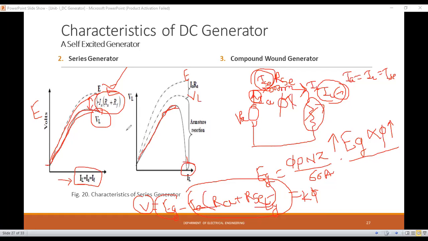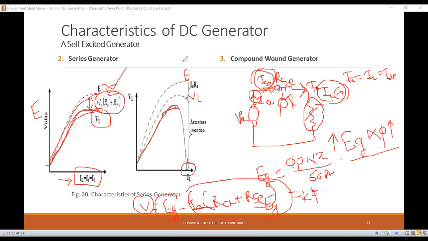So this is the characteristics of the DC series generator. According to the equation, induced EMF increases with increase in the load current IL in case of a DC series generator.